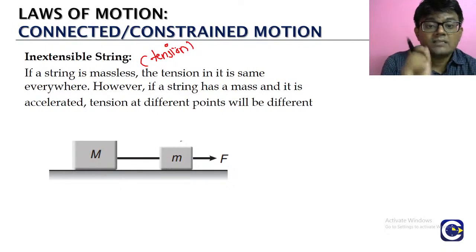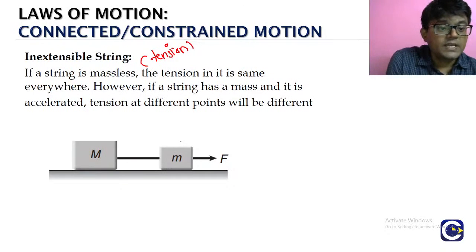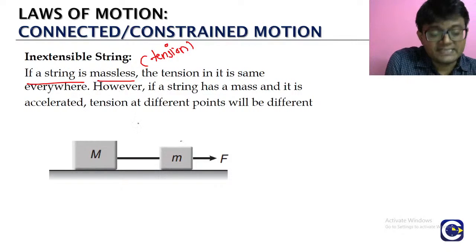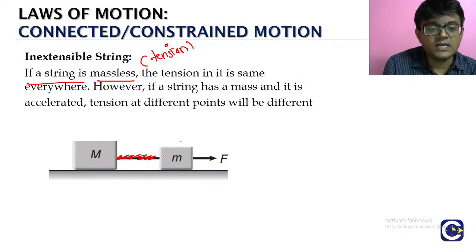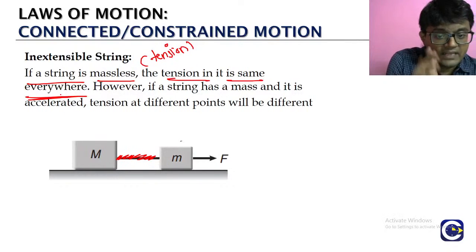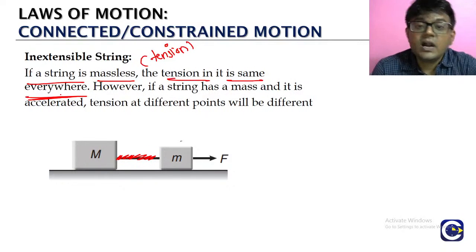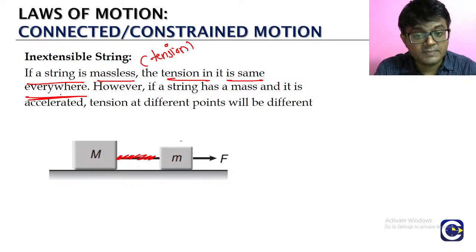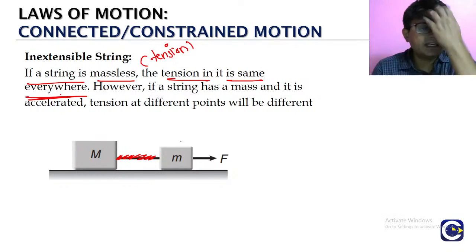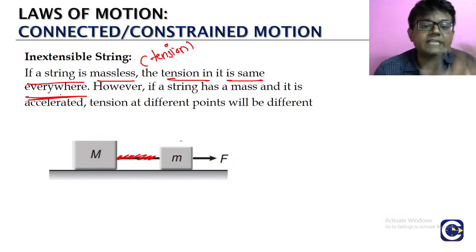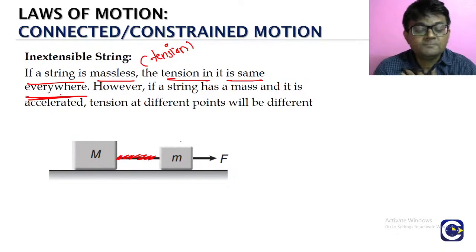We are talking about now the assumptions related to the tension. This is a string connecting these two blocks. If the string is massless, the tension in it is the same everywhere. If the string is not having any mass, the tension in that string everywhere will be the same.